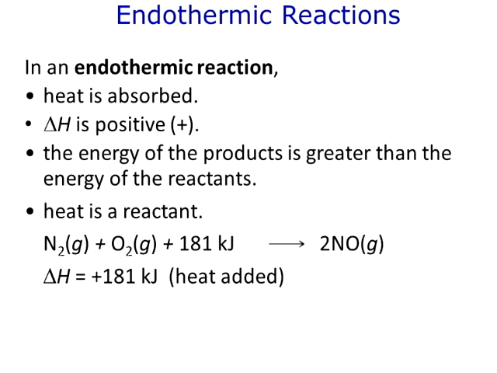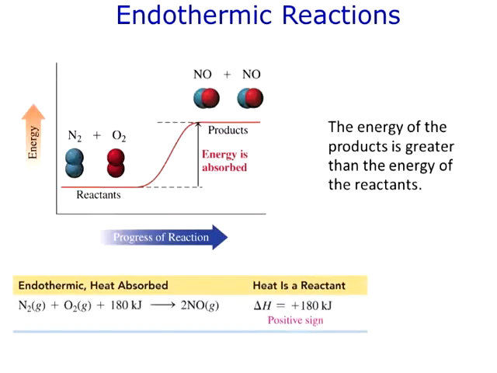It is written on the left side of the equation. Therefore, we write it as a reactant. Follow? And it produces a product. The energy there then is positive energy, a plus 181 kilojoules for the reaction shown here of nitrogen and oxygen.